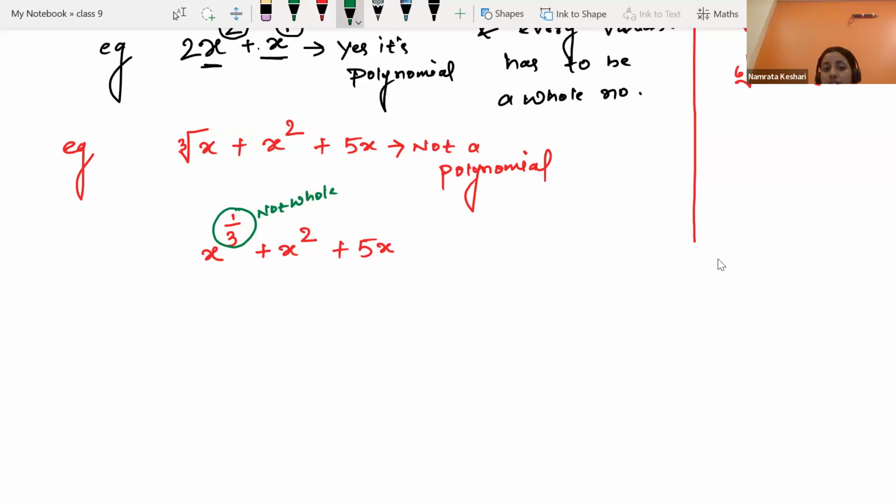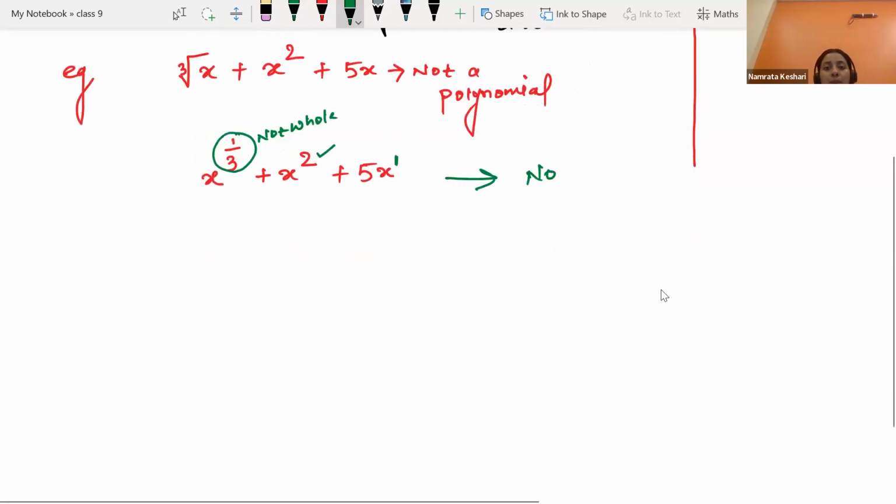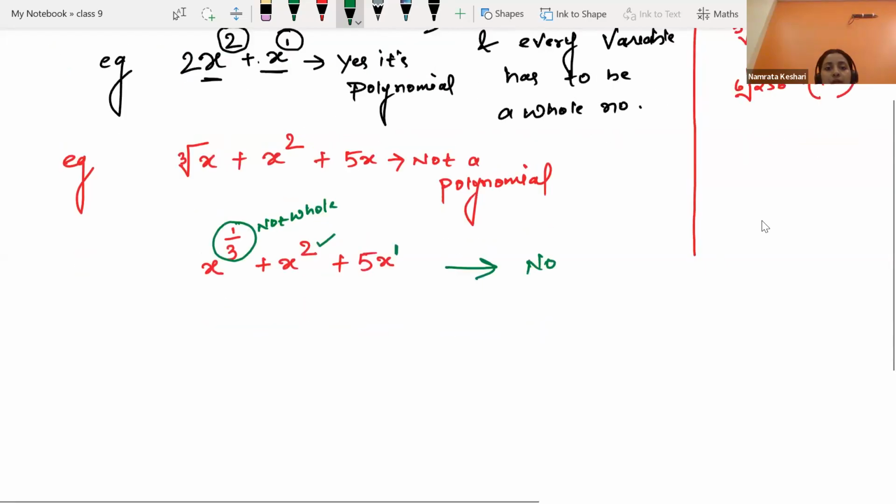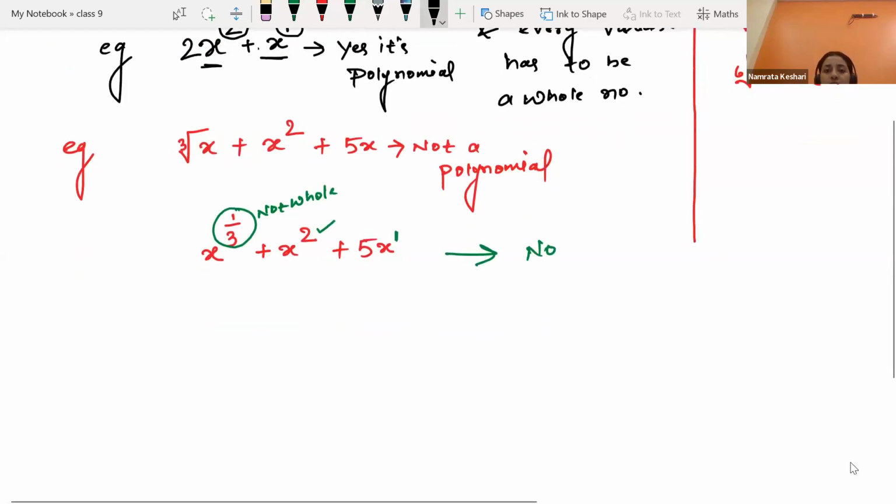However, this is a whole number, and here the exponent is 1. If you can't see anything, then the exponent is 1. This is a whole number, but each and every variable's power has to be a whole number. If all are not whole numbers, then you will say no, it's not a polynomial. Got it, Naisha? Yes, ma'am.